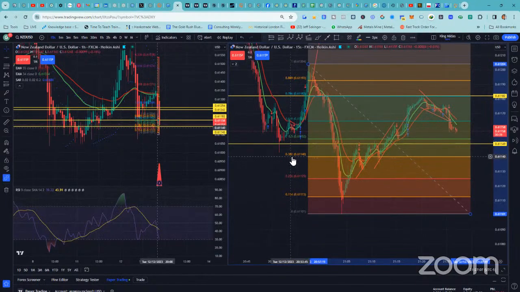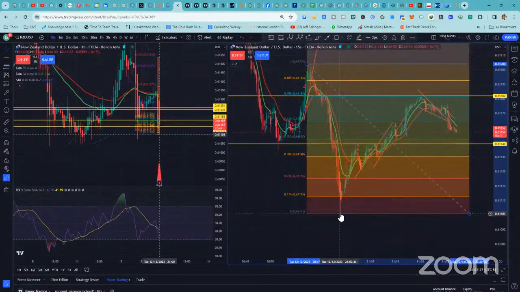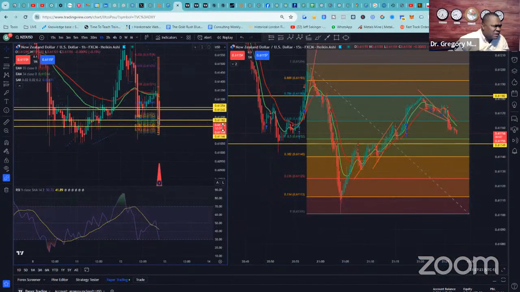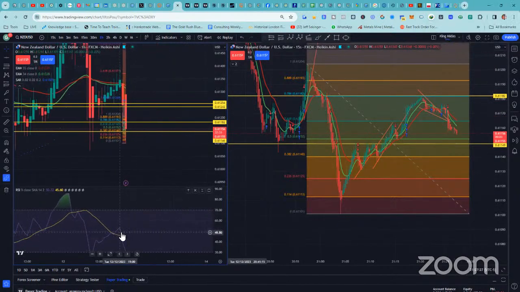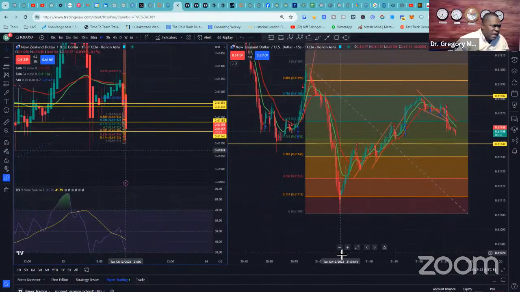If we get this break right here past 61.15, I think we could get down there. Let me get rid of this. We've got to fight this. Our RSI is still below 50, so it's still bearish on the 1 hour.